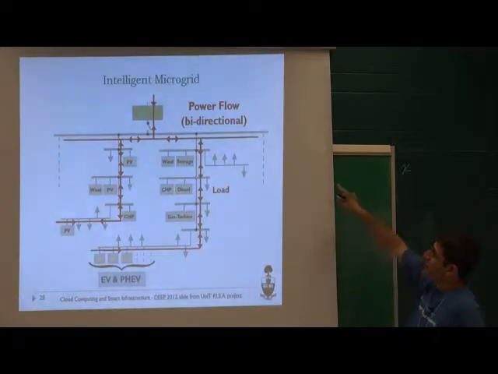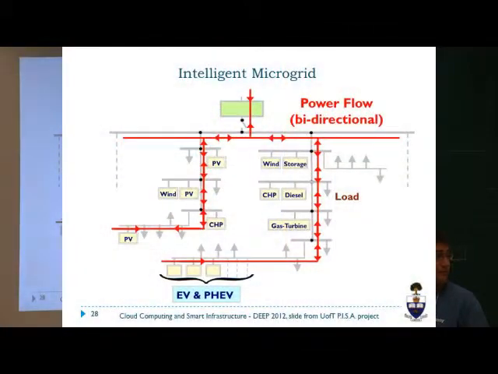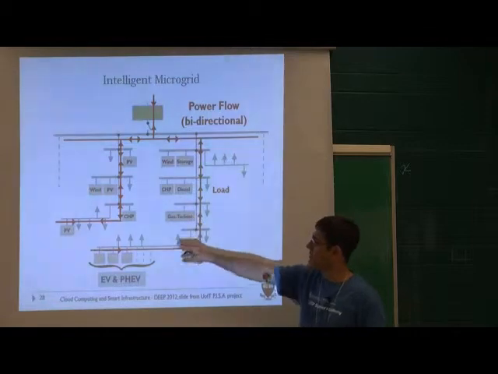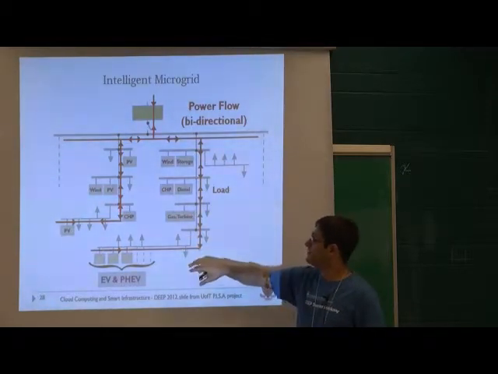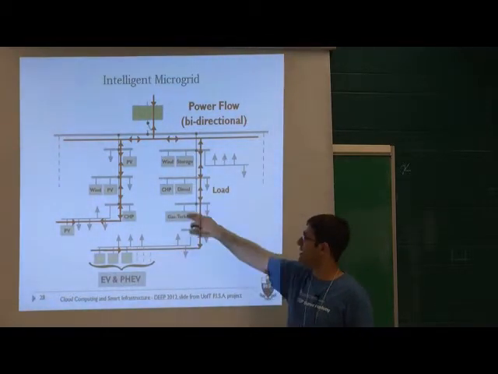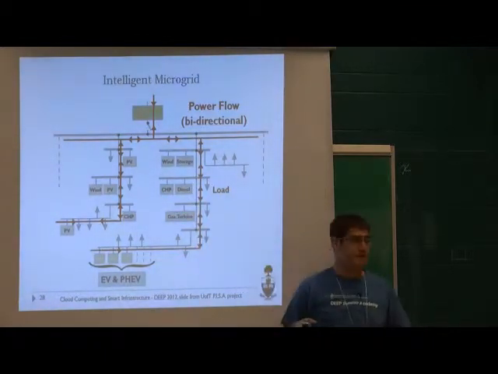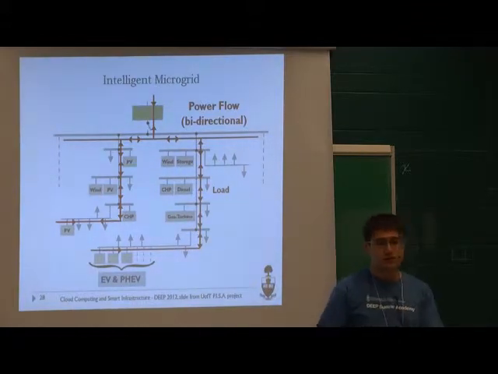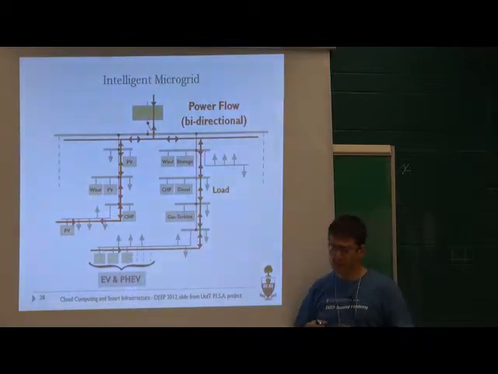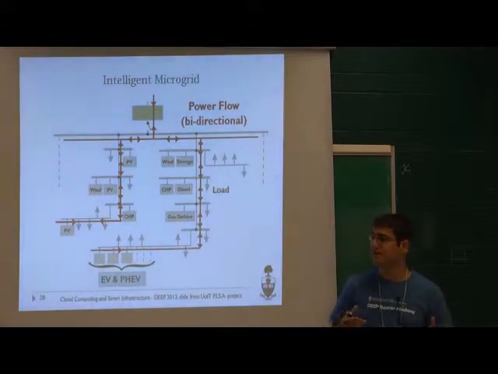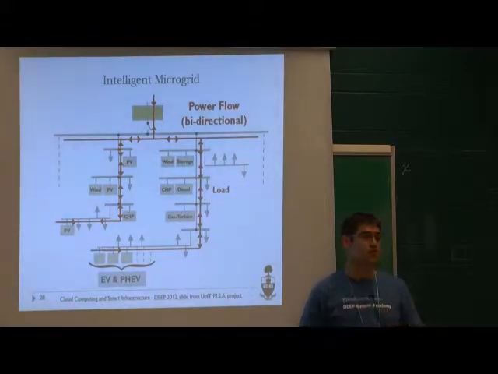Okay, you look at the power flow, and all of a sudden the red arrows here are bidirectional. So I have power being used here and I have power being used here. If this one needs more electricity, I can get it from here. Or if this one needs more electricity, I can get it either from here or from here, if the other devices are not using them now, right? So all of a sudden, the network that you have is very different, and you can do things far more efficiently.